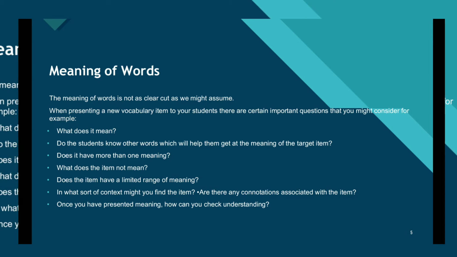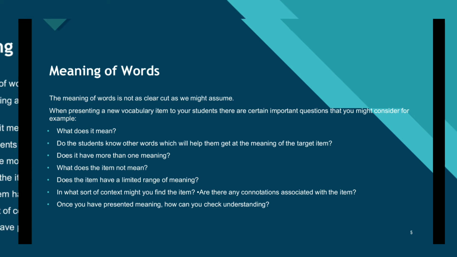For example, 1. What does it mean? 2. Do the students know other words which will help them get at the meaning of the target item? 3. Does it have more than one meaning? 4. What does the item not mean? 5.